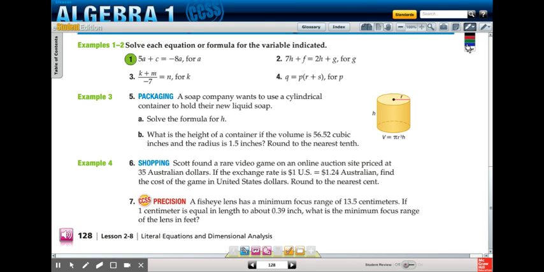For 1 through 4 here, it says solve each equation or formula for the variable indicated.